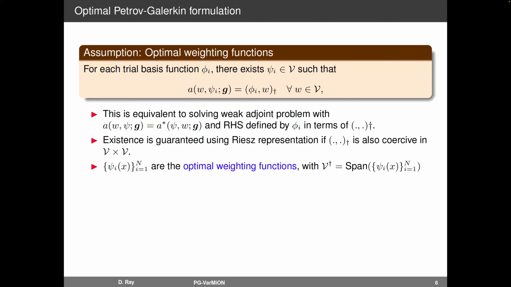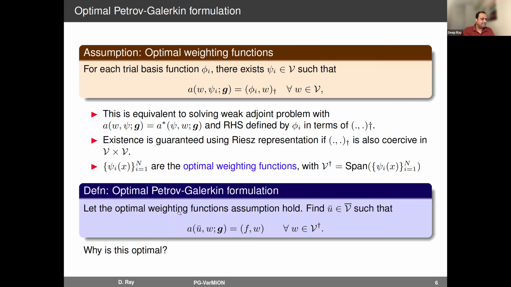What is the benefit of knowing that? So that's helping me recover my psi i. If I solve this, this gives me a psi i. Then using the psi i, I formulate this Petrov-Galerkin formulation, which is this one, where U bar is in my trial space and W is in the space spanned by the weighting functions.